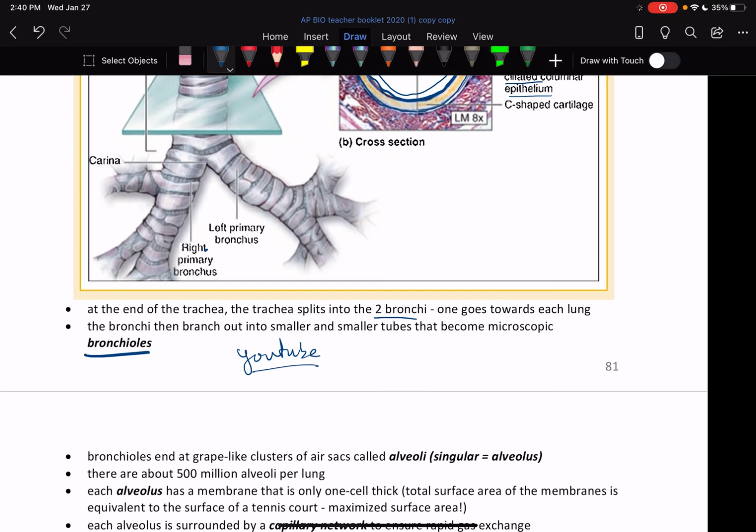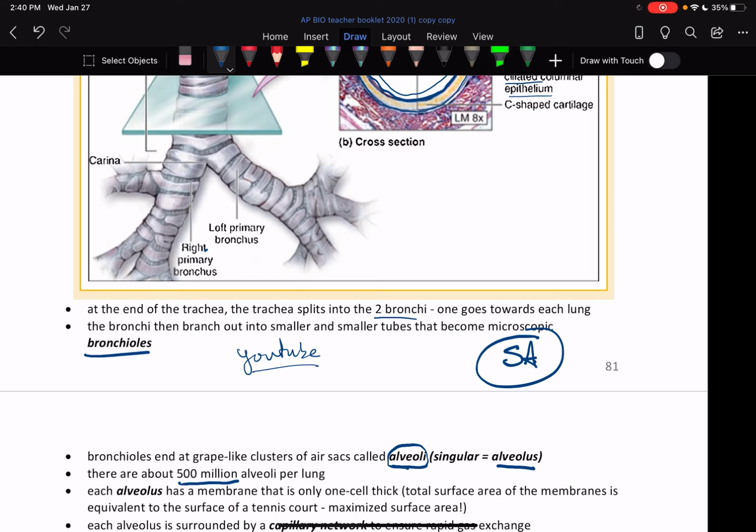And we need it to get smaller and smaller because the idea is we want to maximize surface area. So when we get to the alveoli, our mantra should be SA, surface area. So the bronchioles get so small that they're going to end at these grape-like clusters of air sacs called alveoli. How small are the alveoli, singular alveolus? Well, they're so small that you can fit 500 million alveoli in each lung, okay?